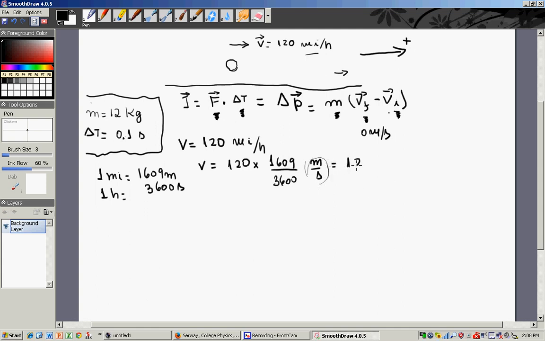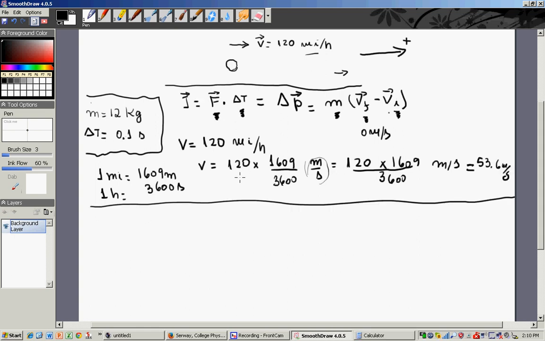So 120 times 1609 divided by 3600 meters per second. Then we have our speed converted into 53.6 meters per second.